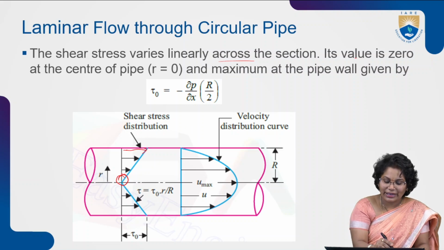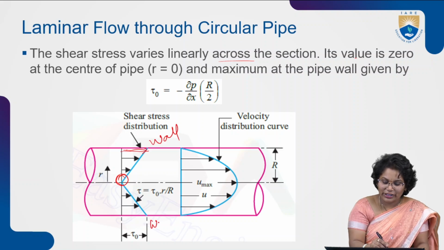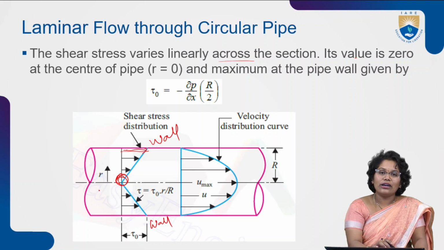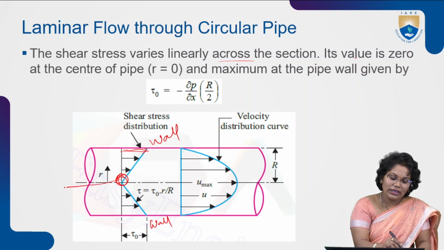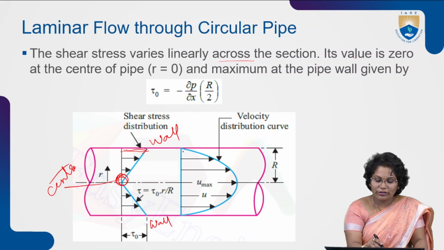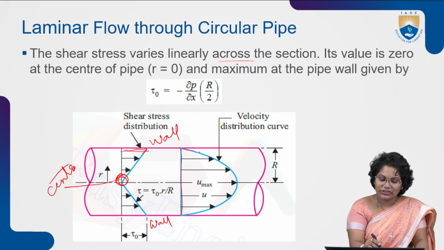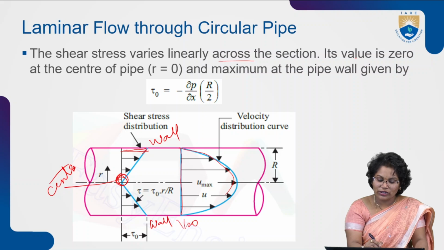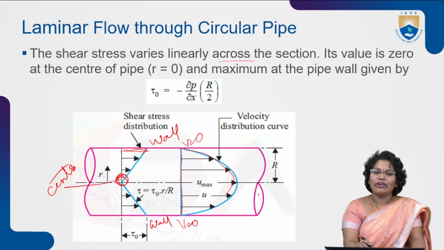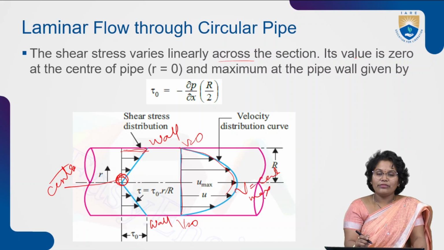Shear is maximum at the walls, and minimum, completely 0, at the center of the pipe. And the velocity gradient we discussed, right? Velocity is 0 at the boundaries and velocity is maximum at the center.